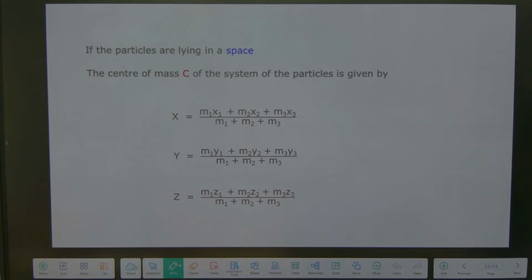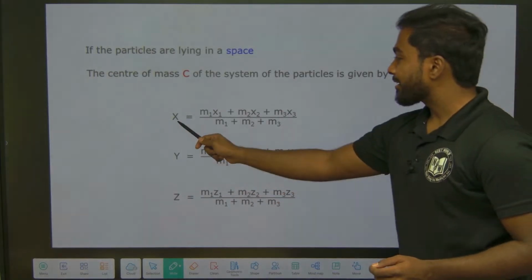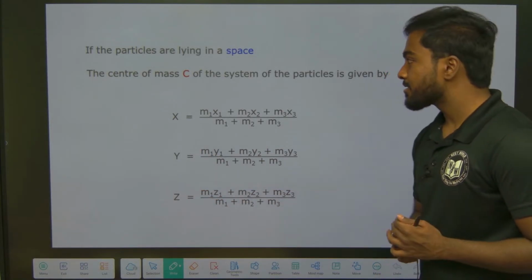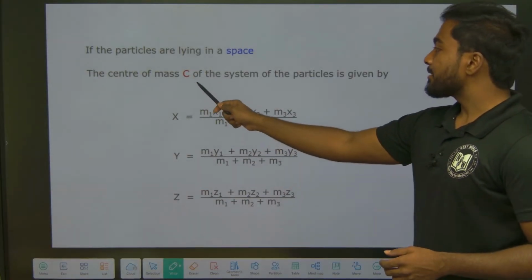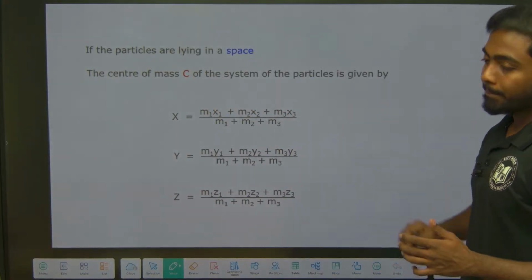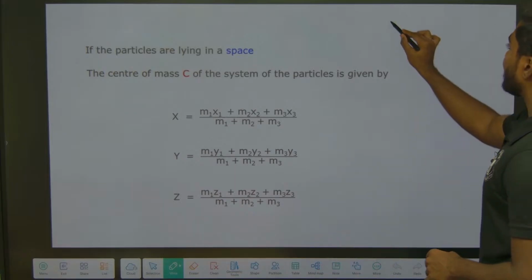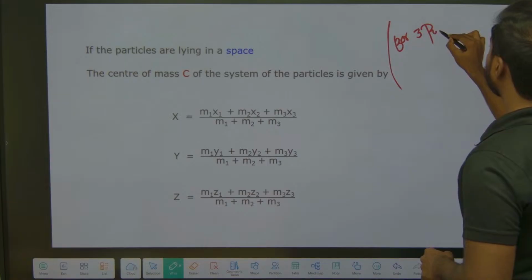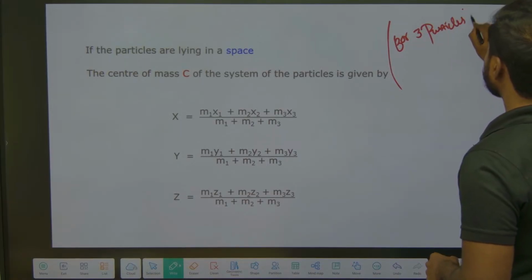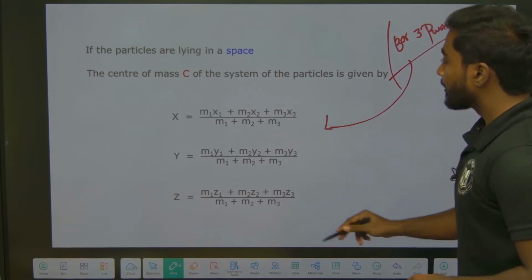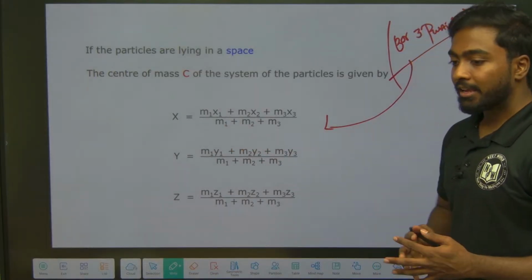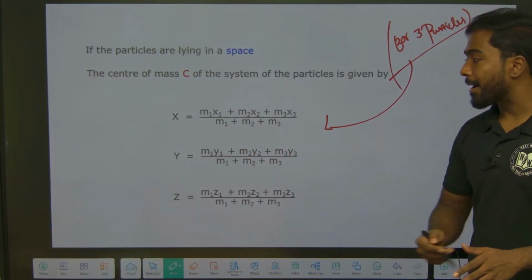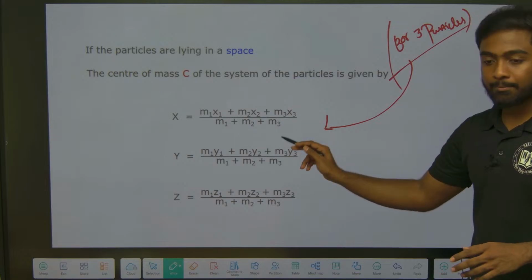So now for the space, in the sense x-axis, y-axis and z-axis. The center of mass C of a system of particles is given by, for 3 particles we will consider, x center of mass equals m1 x1 plus m2 x2 plus m3 x3 by m1 plus m2 plus m3.